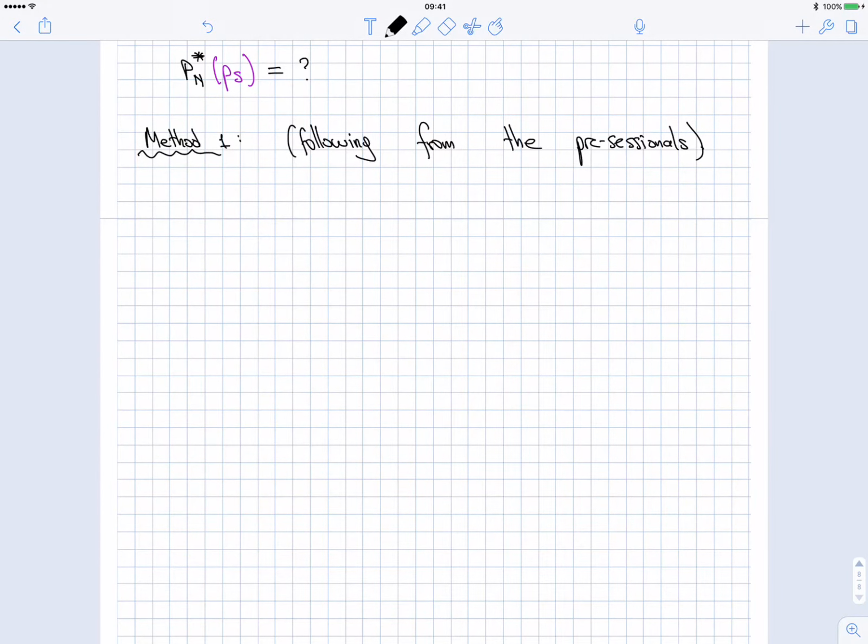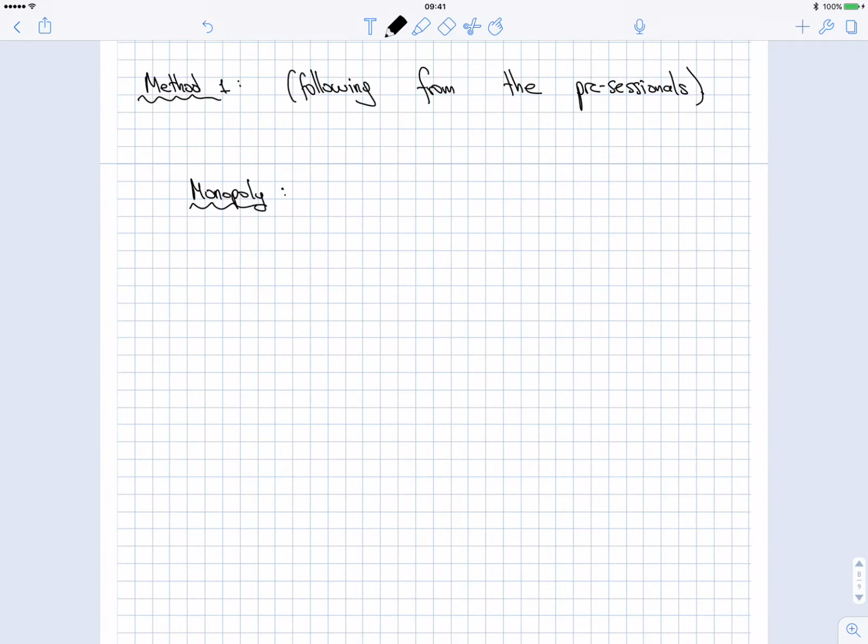Let's think of a monopoly problem. Remember, in the precessional, one of the problems that we studied a little bit more than others is the monopoly problem. So imagine that this is quantity, this is price, and you have a linear demand. It looks like this.